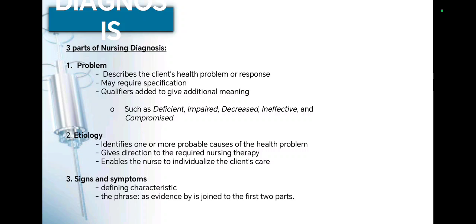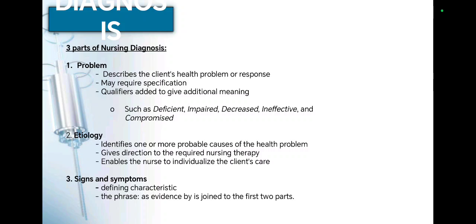So, this is how we differentiate the needs of the patient depending on the related factors, because patients can experience acute pain, however, the cause is very different. One patient can experience acute pain due to disease process because the patient is having infection or inflammation on a certain part of their body.